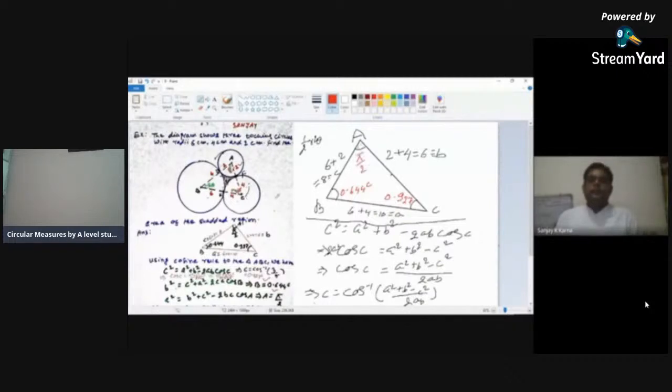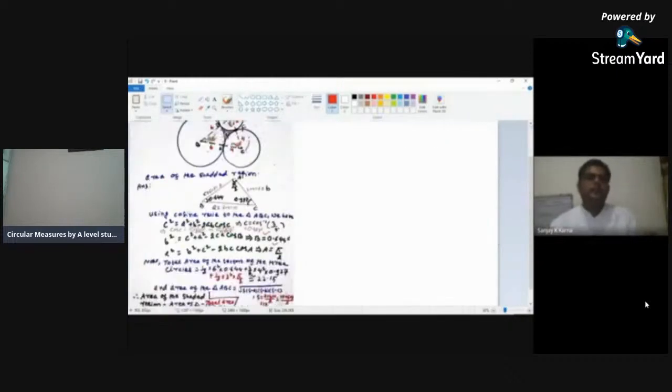So now we have all three values of these angles. Then we'll be able to find the area of the sector of each circle. The total area of the sectors of the three circles is given by the formula: the area of a sector is half r squared theta.